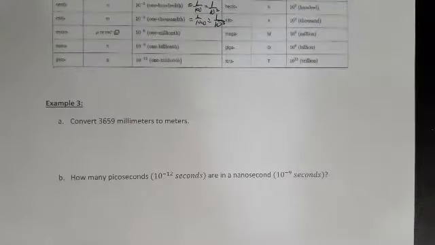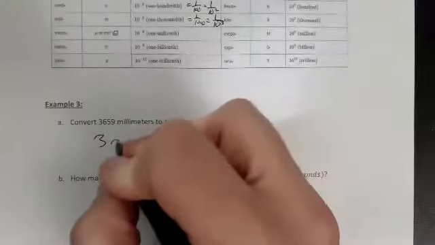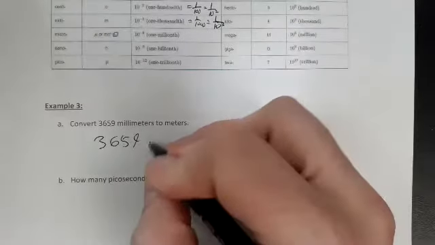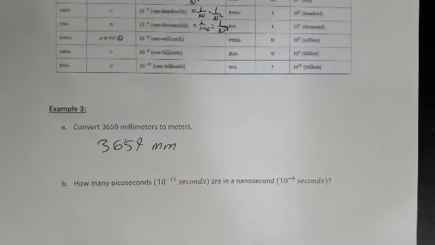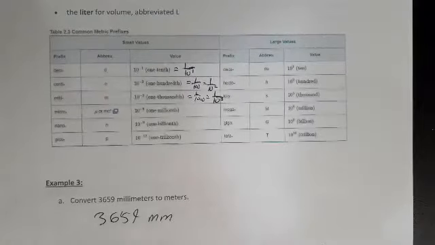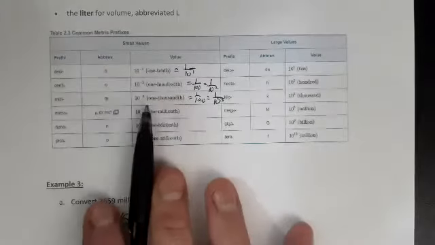So we're going to convert 3,659 millimeters to meters. I think the way I want to go with is if we look at this, millimeter says 10 to the minus third.